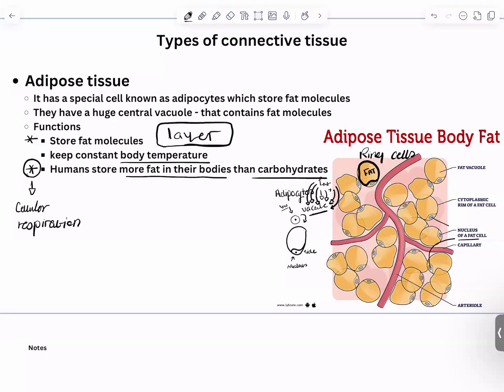I think I mentioned it in the previous class. I don't really remember exactly because I don't have a transcript for each class, so it depends on you guys. If you ask more, I will tell more. But why do we store more fat molecules than carbohydrates? Well, fat is better for energy storage.